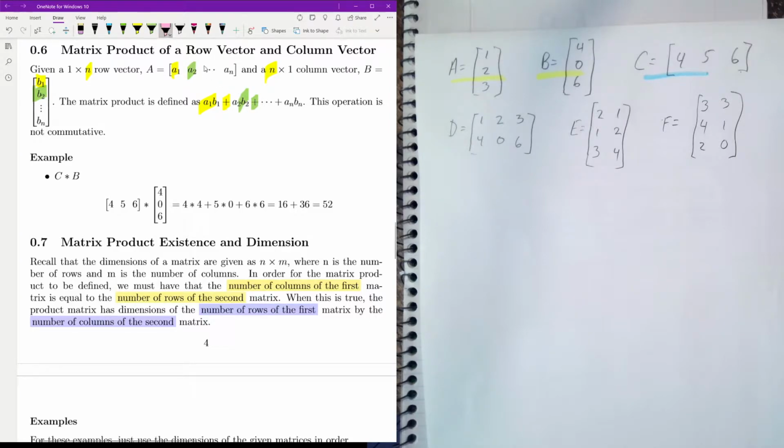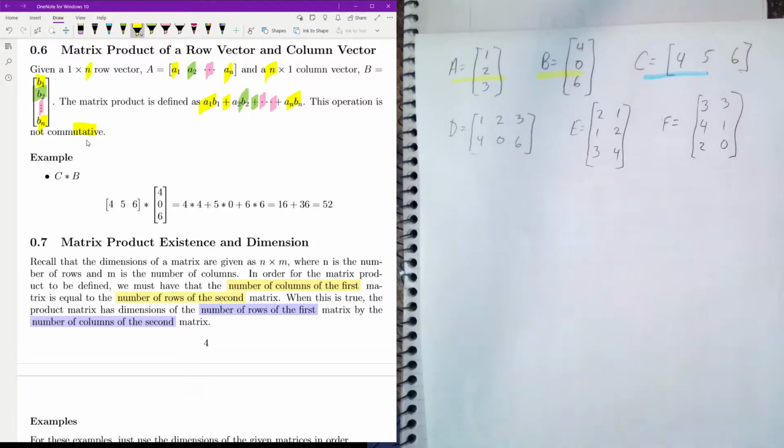We're just going to keep on going. We'll have an A3, a B3, and that gives us our next value. We continue this until we use up all of our values. Okay? This operation is not commutative. You can't change the order.